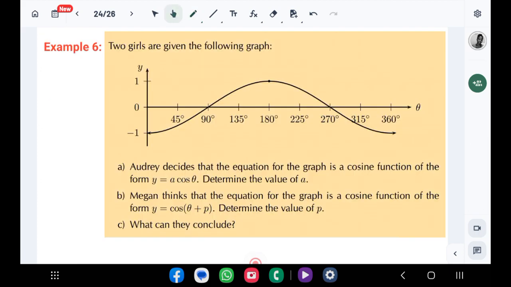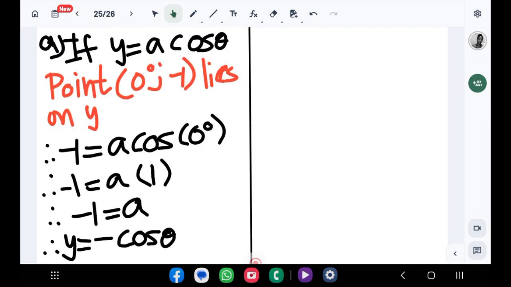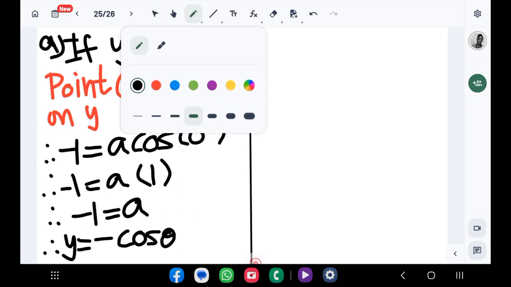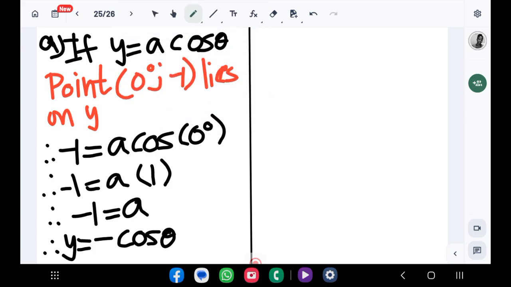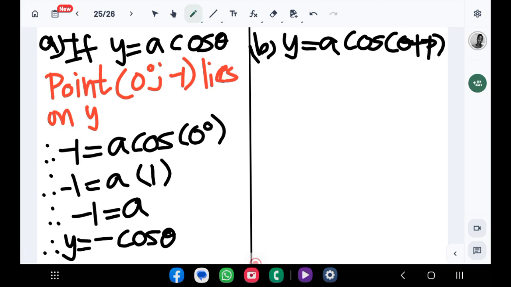And then the next question goes, for the value of a is -1. Megan thinks that the equation of the graph is a cosine function of the form y equals cos of theta plus p. Determine the value of p. If y equals cos of theta plus p, we're supposed to determine the value of p.